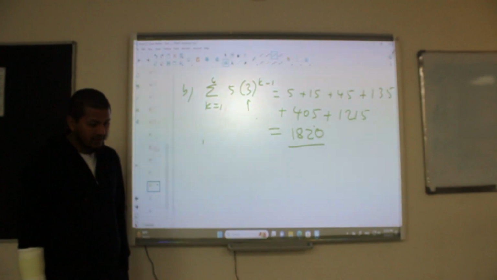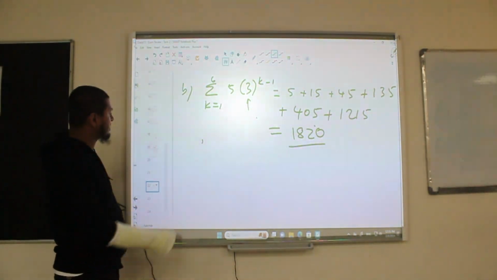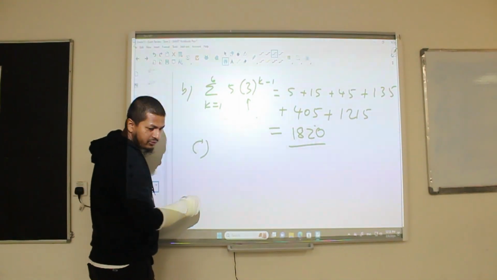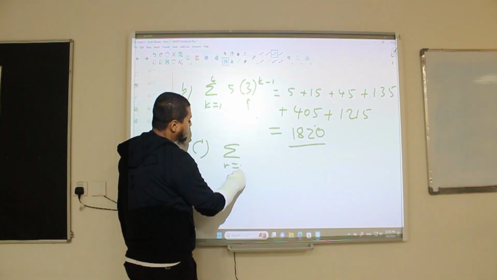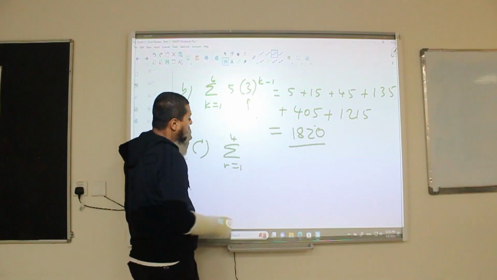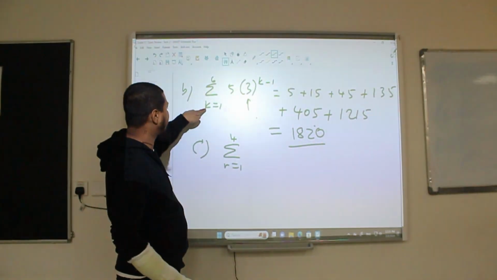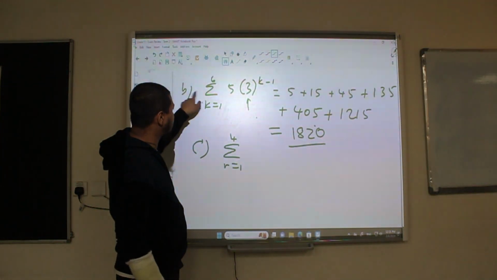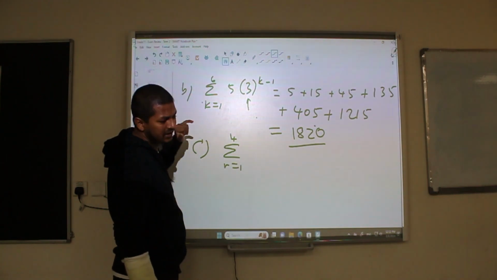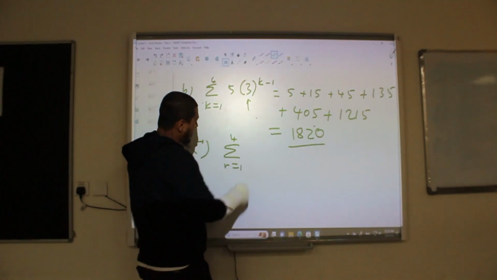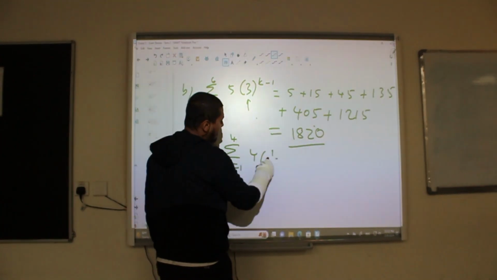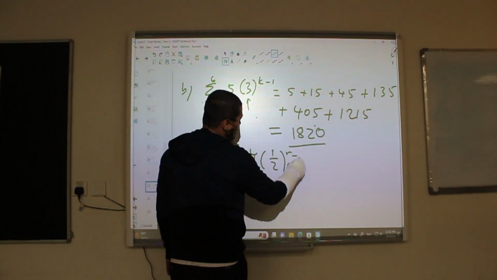Next one, we just need to sum up 4 terms. So part C, summing up 4 terms of r equals 1 to 4. Remember, I just changed the variables here because it's just a counter. It can be x, k, r, p, anything. This is 4 times half to the power r minus 1.